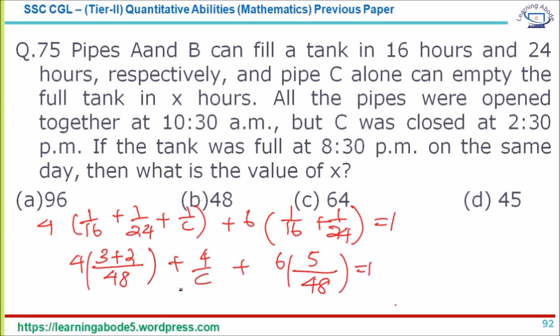So what I have is 4 by C is equal to 1 minus, now this is 5 into 4, 20, and this is 30, so that is 50 by 48. Now that's equal to 2 by 48. So 1 by C is equal to 1 by 96. So it will take 96 hours. That's answer option A for question number 75.